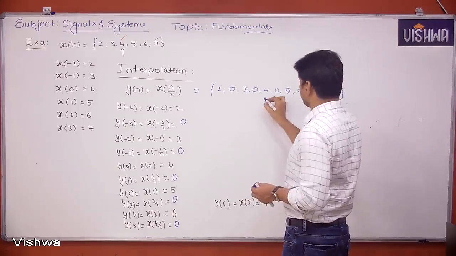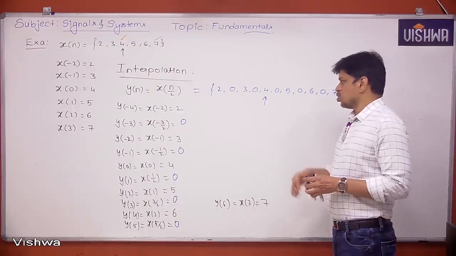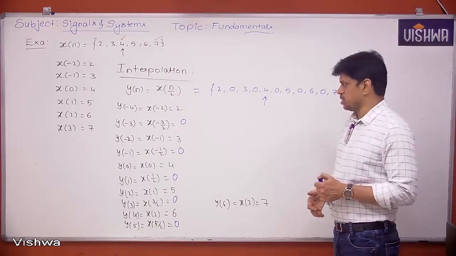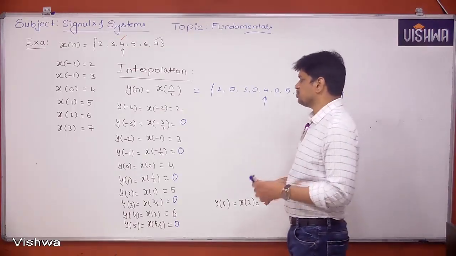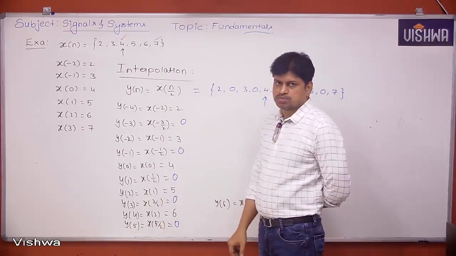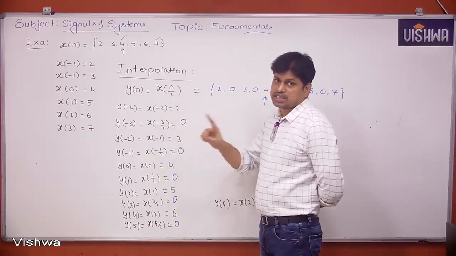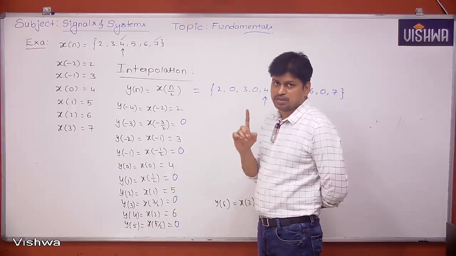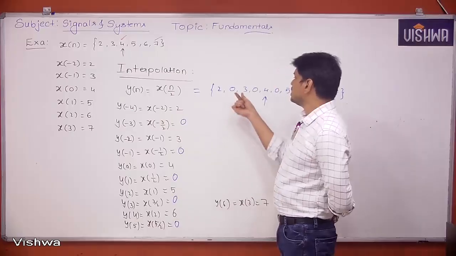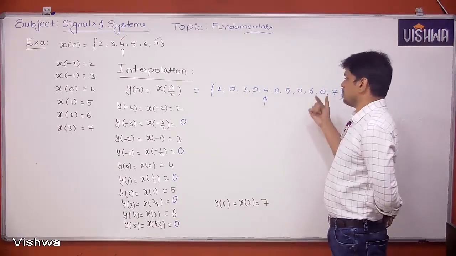Here is the arrow. Arrow position is not going to change. So, sir, do we have to do this kind of thing in interpolation? No. Simply try to understand. If you try to find x of n by 2, here we have the integer 2. 2 minus 1 is nothing but 1. So we have to insert one 0 between each sample.